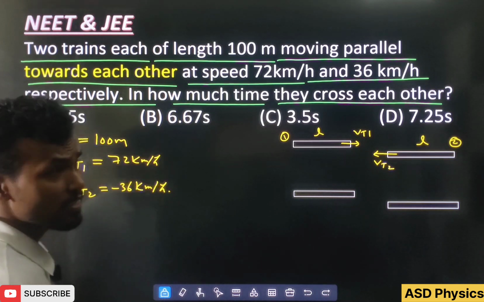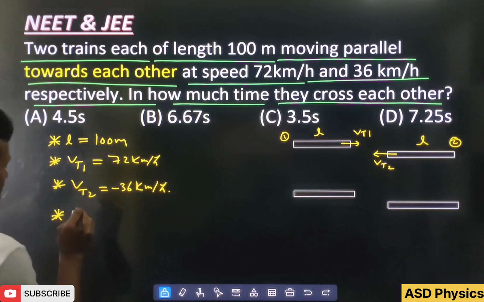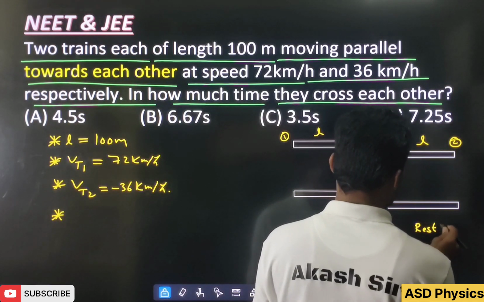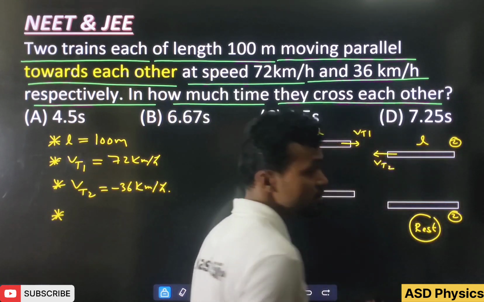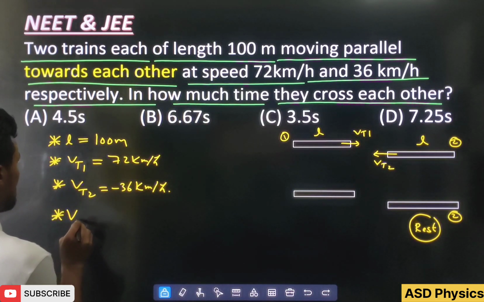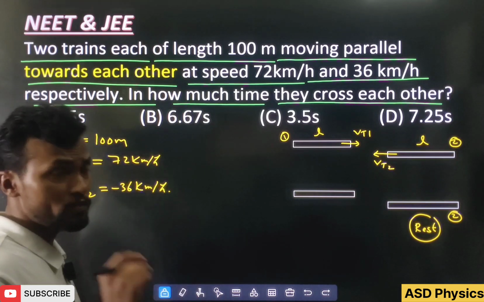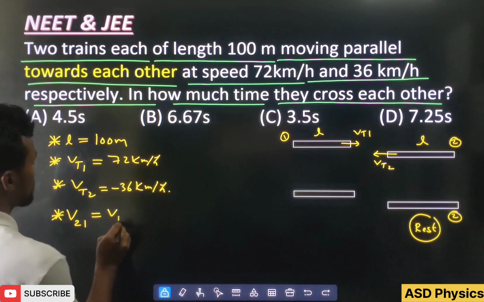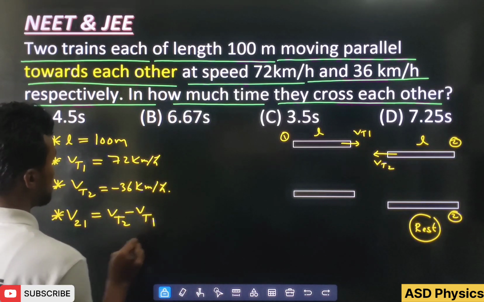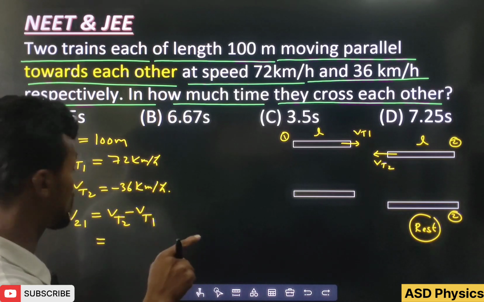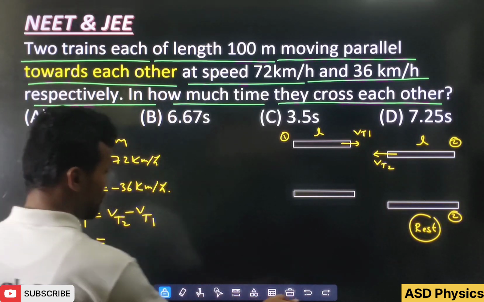Now both trains want to cross each other, so I have to stop any one train. Let's say I have stopped train 2, so train 2 becomes the observer.